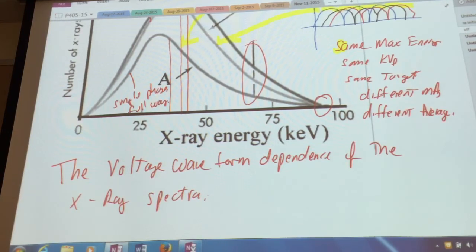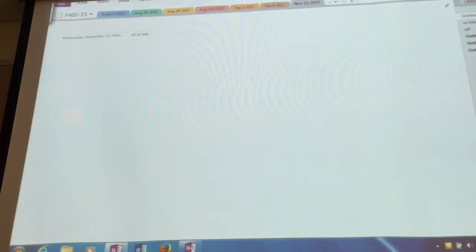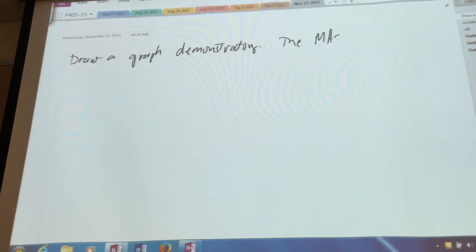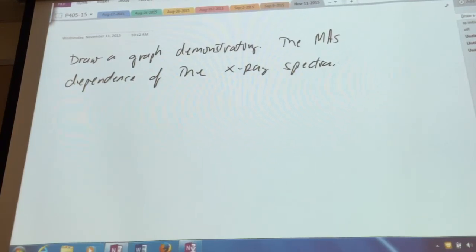Well, that and this. Here, let's see, it should be here. Okay, here, you just draw a graph demonstrating the MAS dependence of the X-ray spectra.